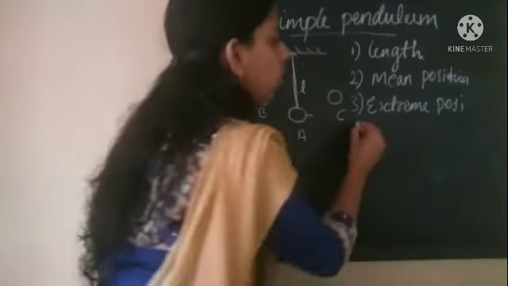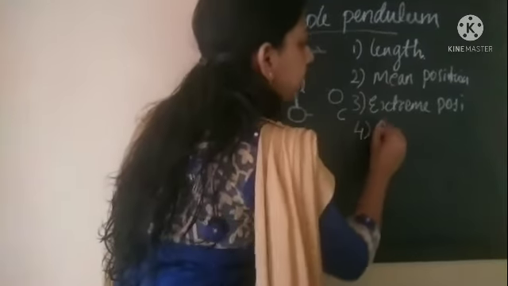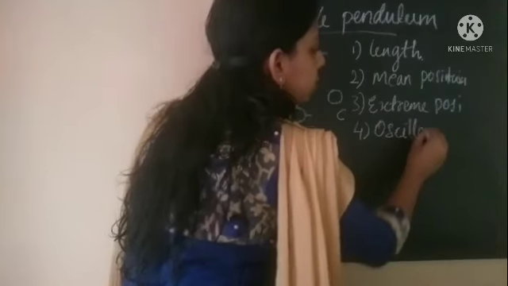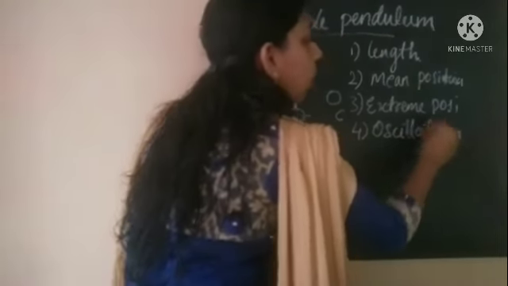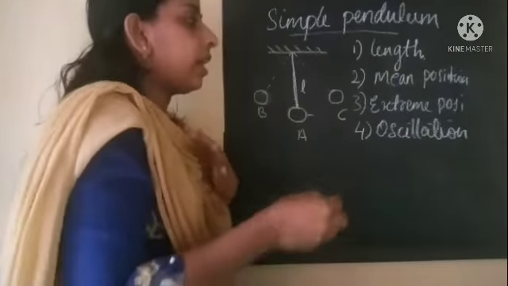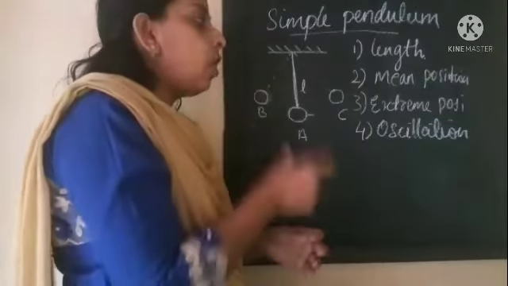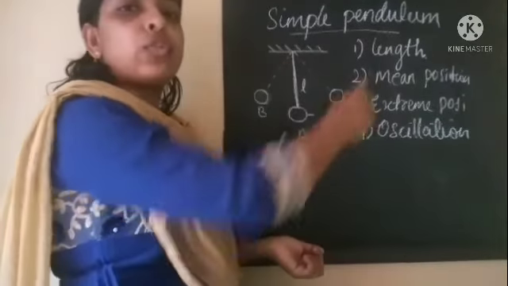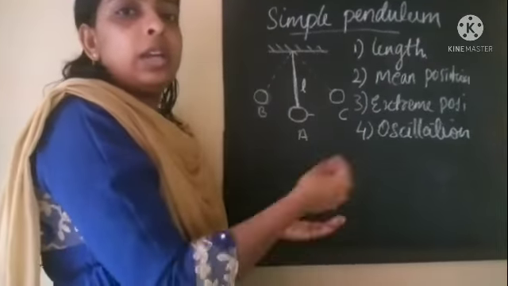Fourth point is oscillation. Oscillation is the to and fro movement of the bob.